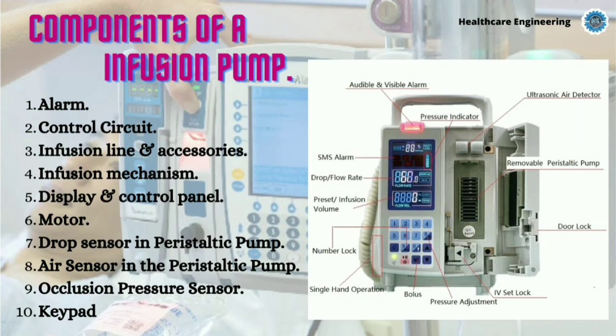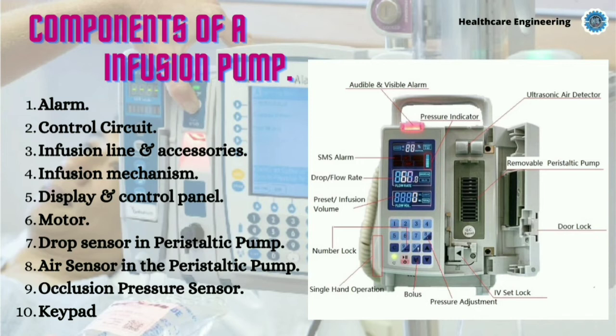Sixth part is motor. In general, step-by-step motors are used to activate the infusion mechanism. Next component is drop sensor in peristaltic pump. This is used to refer to the electronic circuit of infusion control. Next one is air sensor in the peristaltic pump.